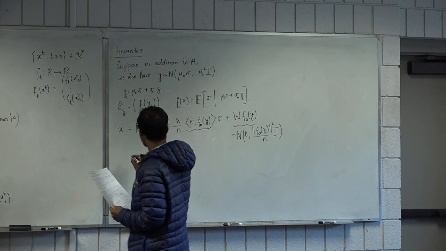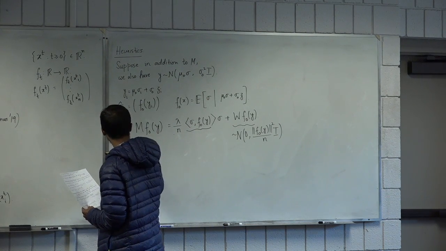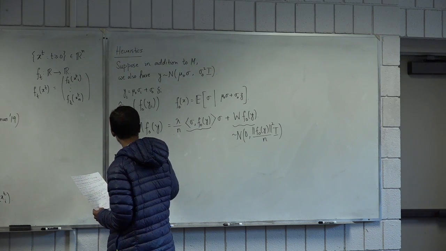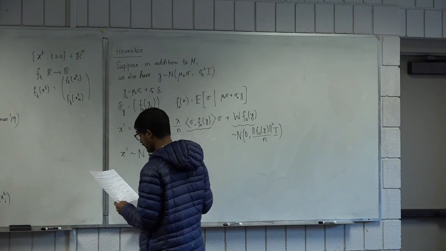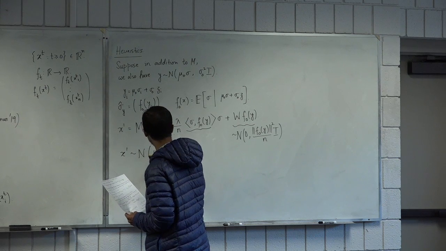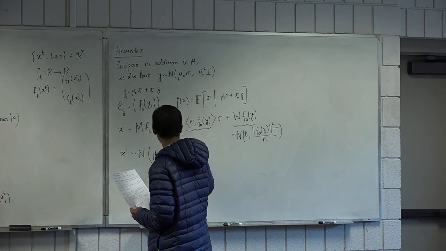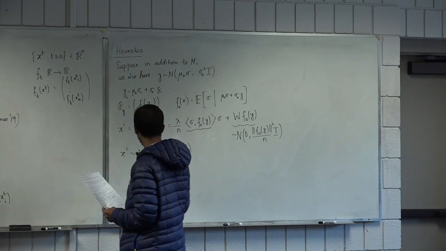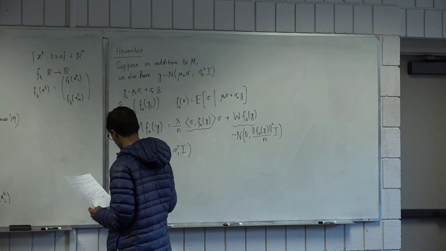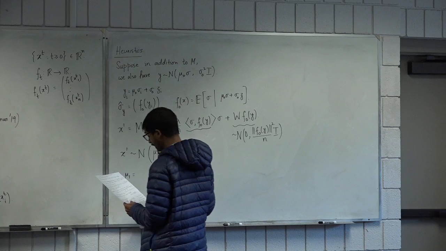And so if you look at the vector x1, this actually follows a normal with a mean which is mu1 times sigma and some variance, where mu1 is what I would get from this constant average.